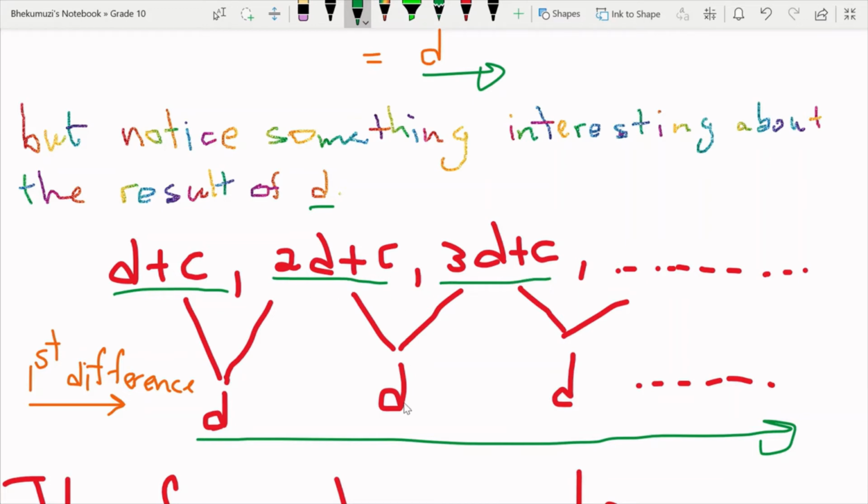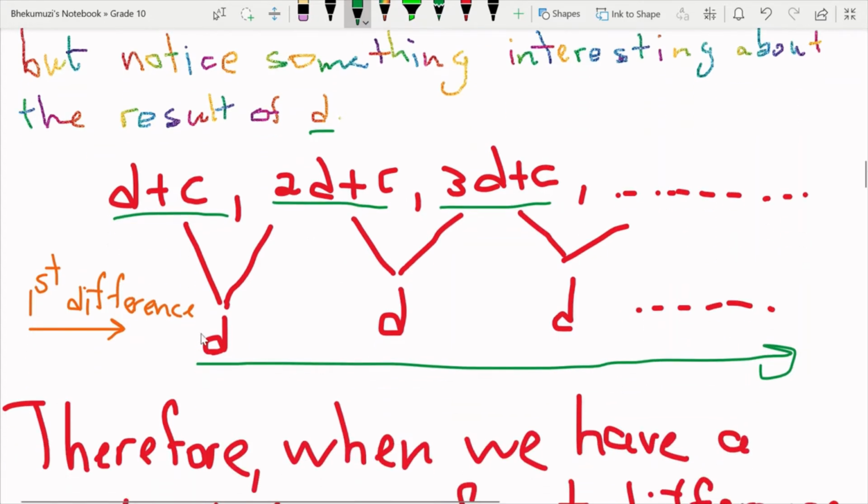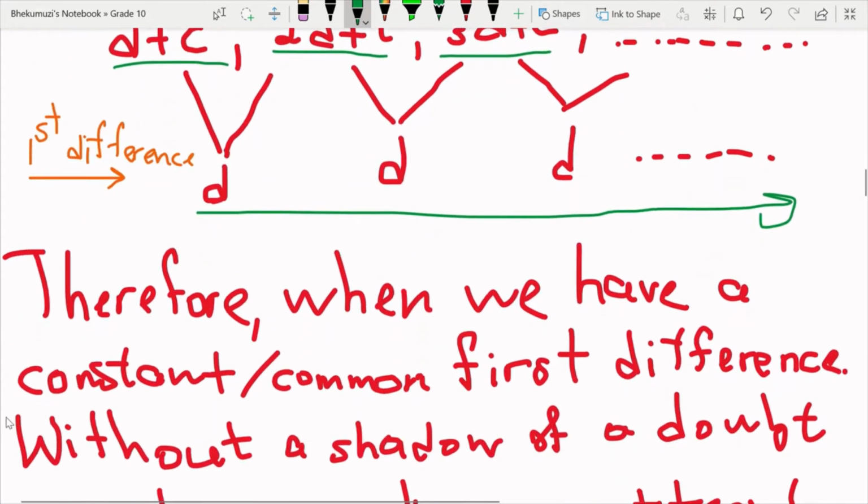And we now know that it is a linear pattern because it has a constant first difference. You will hear in some cases that they say common first difference or constant first difference.